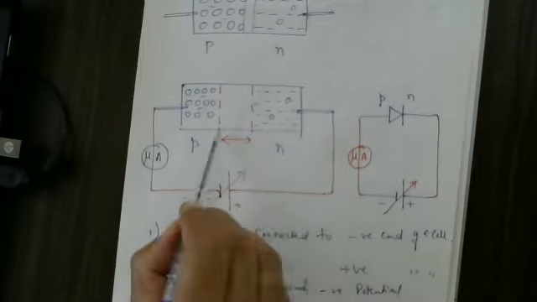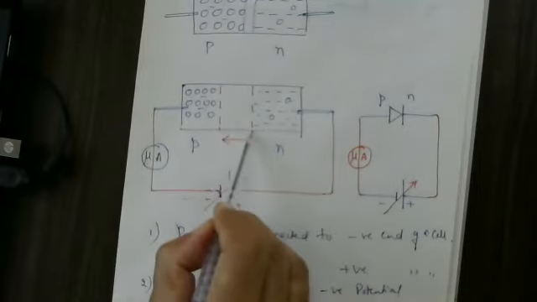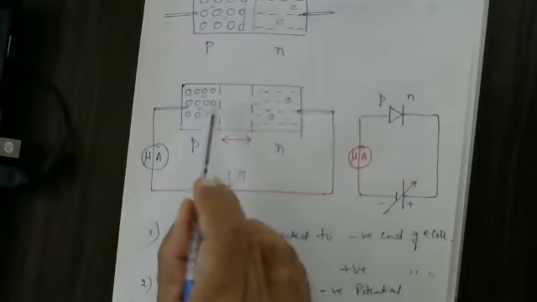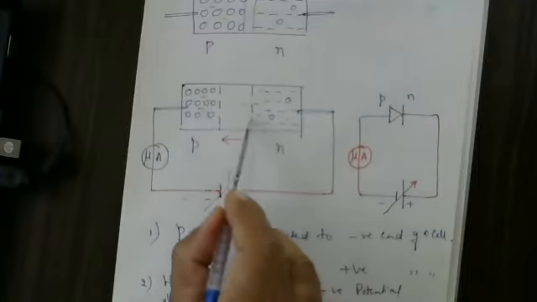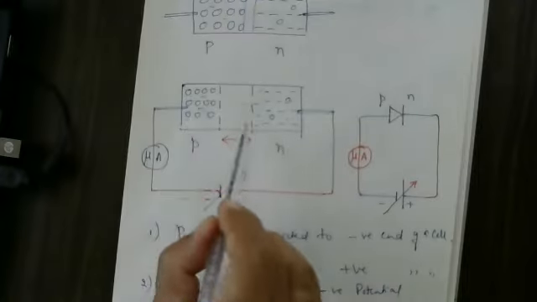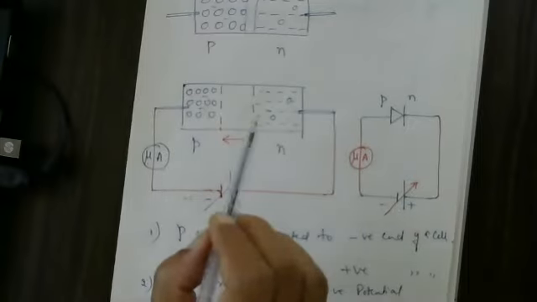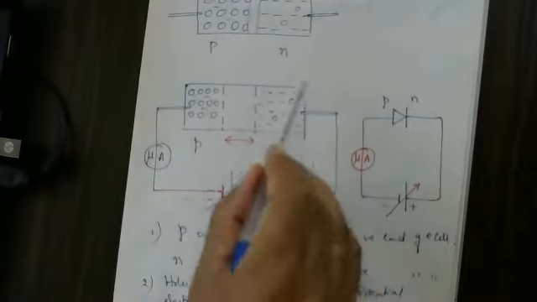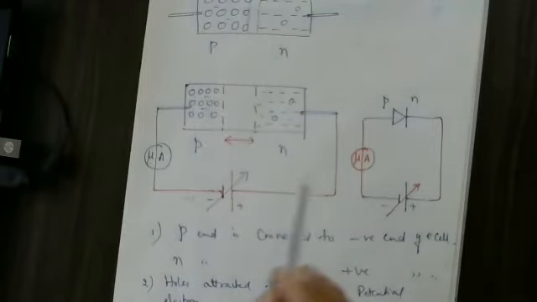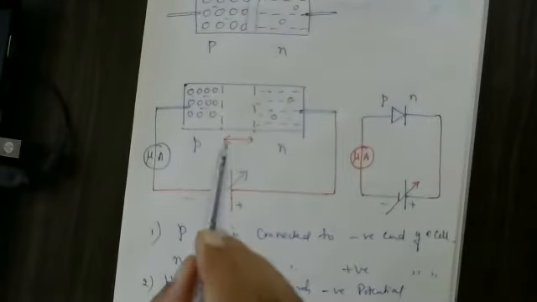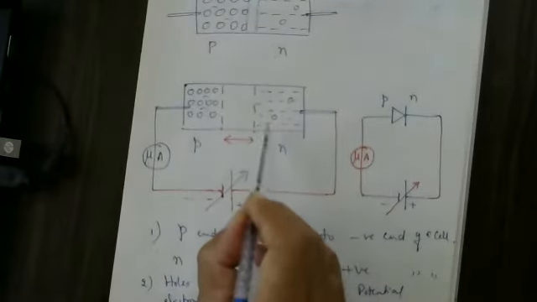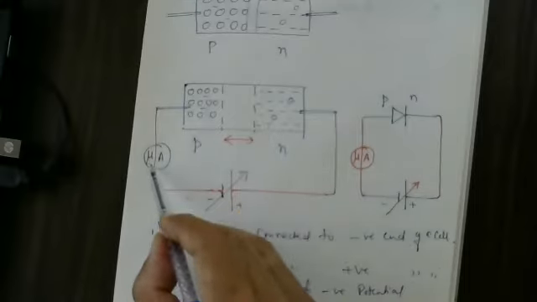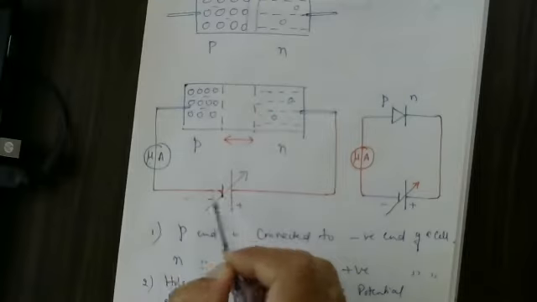See here, charge depletion region thickness is large. Due to that, majority charge carriers could not pass through here. Therefore, current flow is approximately taken as 0, and I can say the diode is not conducting. But there is a very, very small amount of current flowing here, which does not depend upon this voltage.